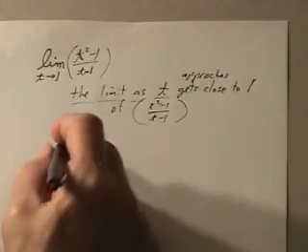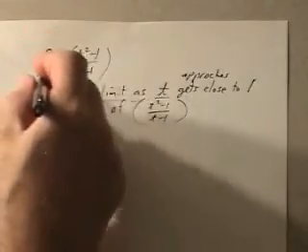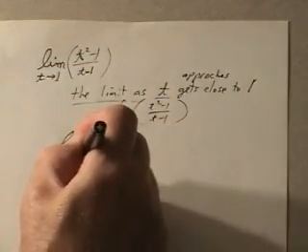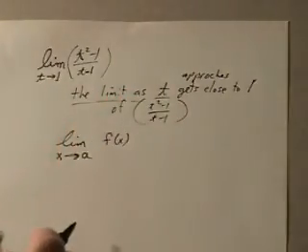So in general, here's how we will write it. It's the limit as, and we could use t, we can use any letter, as x approaches a constant a of some function f of x.